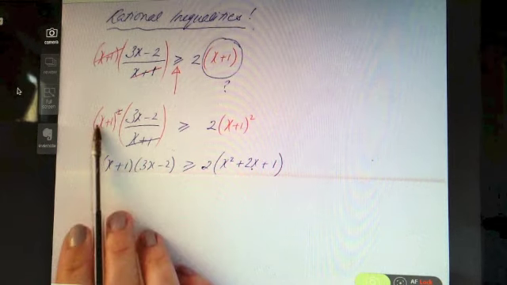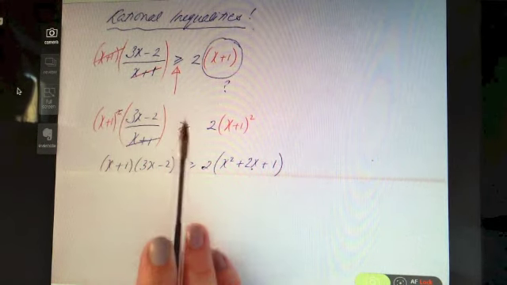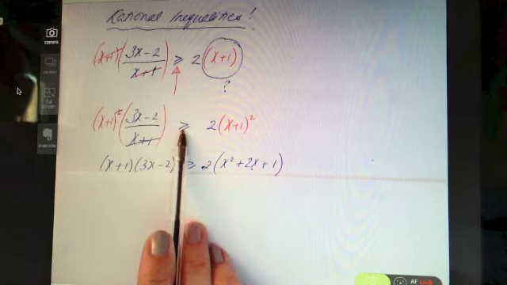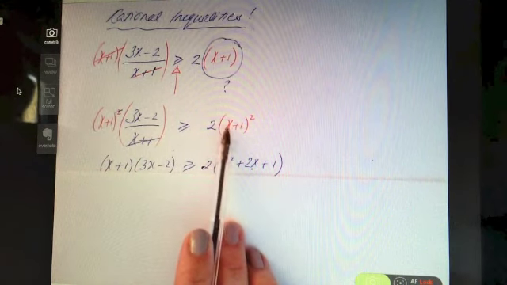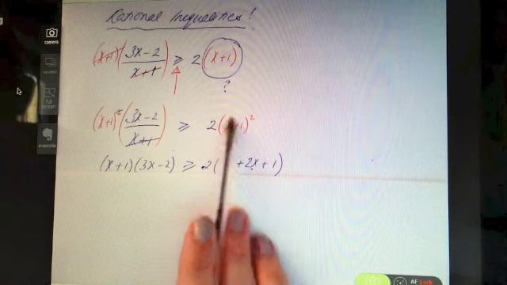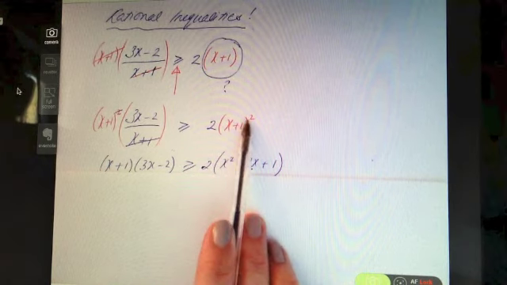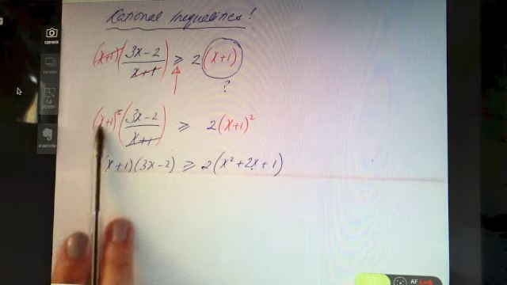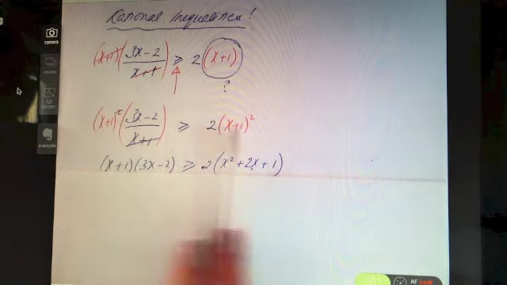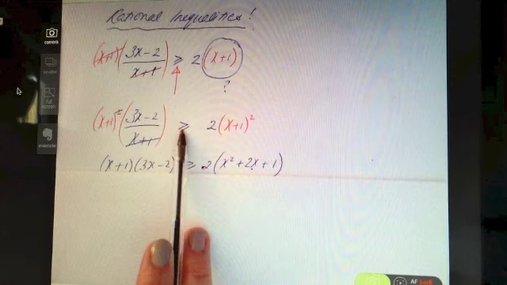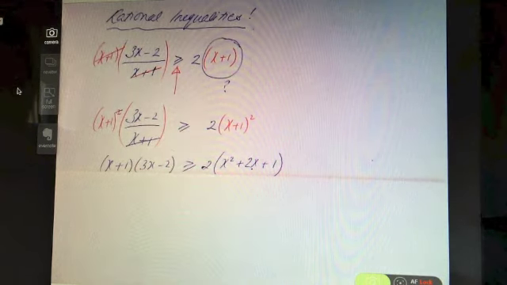So by multiplying by x plus 1 squared, we know it won't flip the inequality because you're multiplying by something for sure is positive. Regardless of what that x value works out to be, the minute you square the whole thing, it has to then be positive. So by multiplying by x plus 1 all to be squared, we're definitely multiplying by something that's positive, in which case we know for sure that inequality sign won't be flipped.